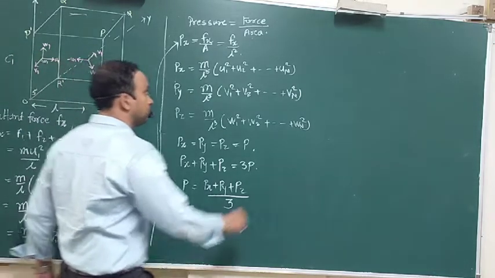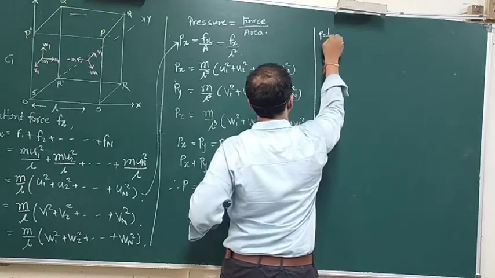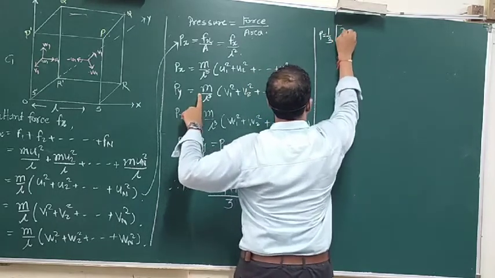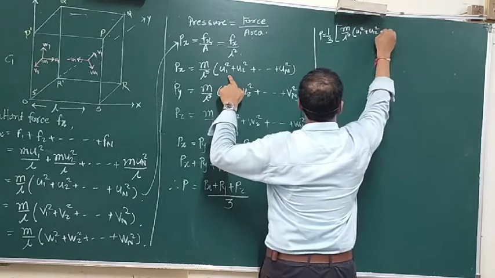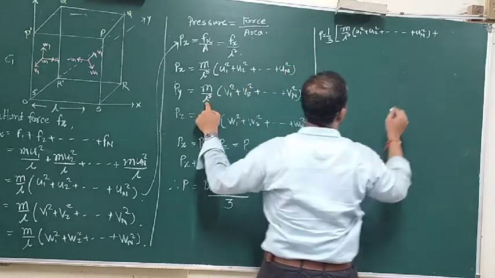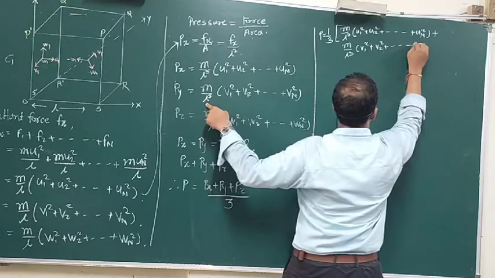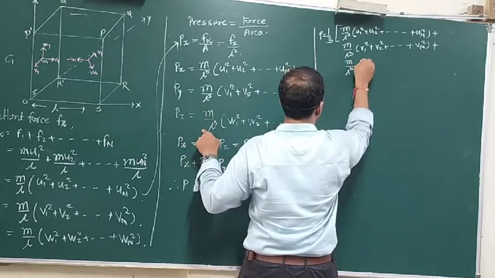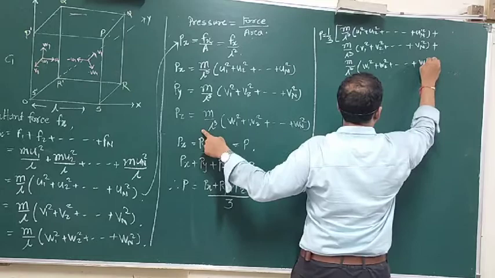Okay, so we get P is equal to 1 upon 3 into Px, meaning m upon L cube into u1 square plus u2 square plus and so on un square, plus Py, that means m upon L cube into v1 square plus v2 square plus and so on vn square, plus Pz, m upon L cube into w1 square plus w2 square plus and so on wn square.